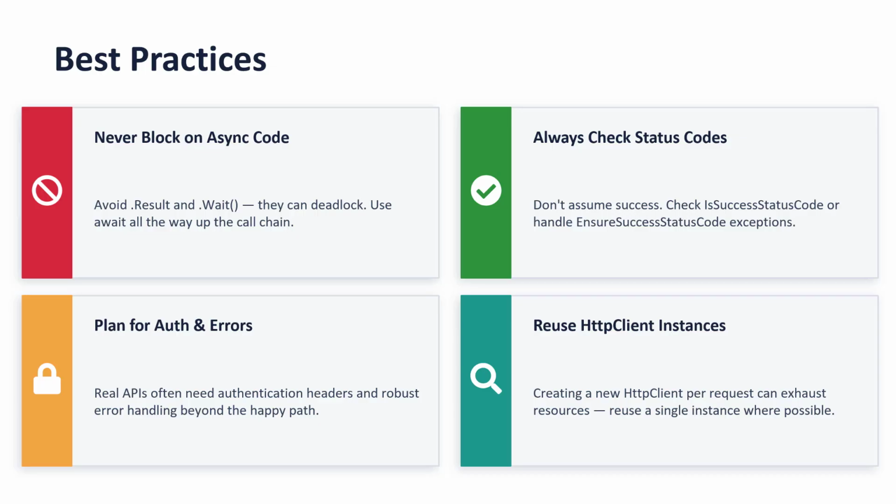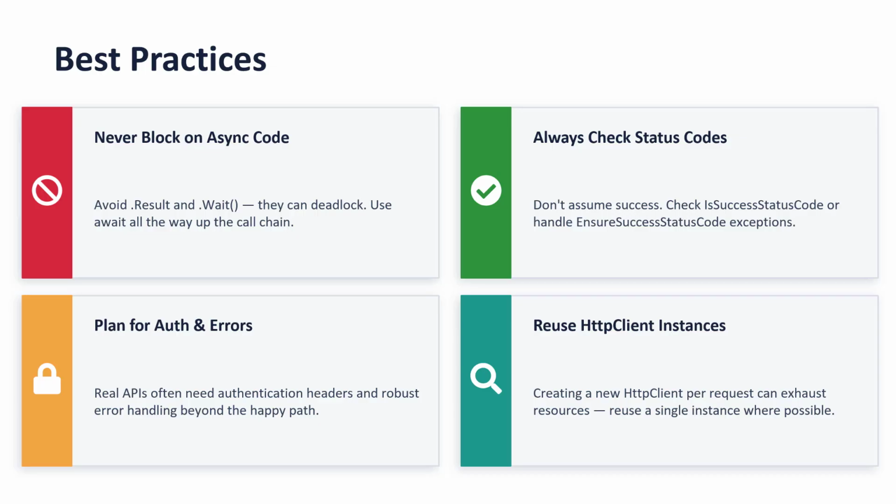So let's pull everything together, our APIs, async usage, status code, into some best practices that will serve you well anytime you're working with web APIs in C#. So first, remember we never block on async code. We kind of covered this already, but it's worth repeating because it's important. We want to avoid using .result and .wait and use await consistently all the way up our call chain.